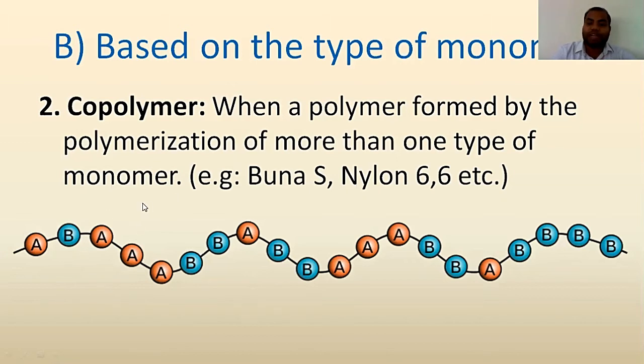Or if there is alternating units of copolymer monomeric structure, one A, then B, then A, then B, then A, then B, that can be a different kind of thing. There is randomness in this structure. You can see this, that is random copolymer. So based upon the type of monomeric units arranged in the copolymer, they can also be classified.